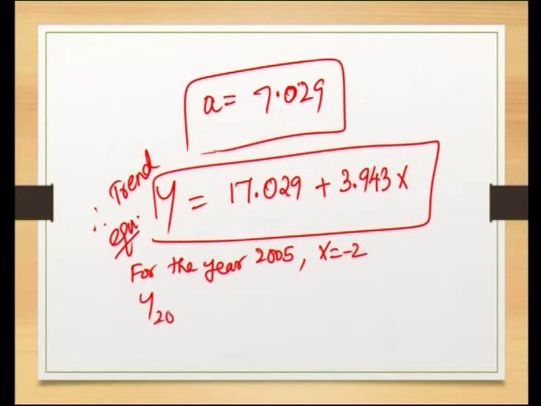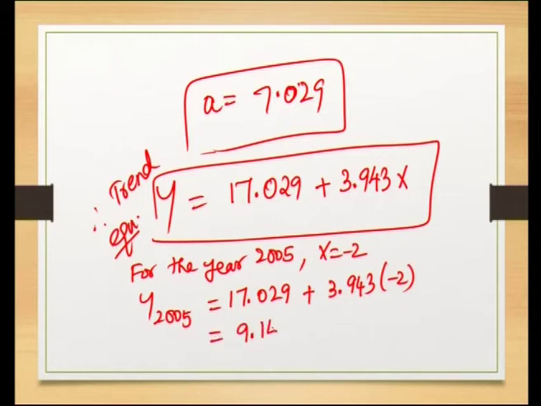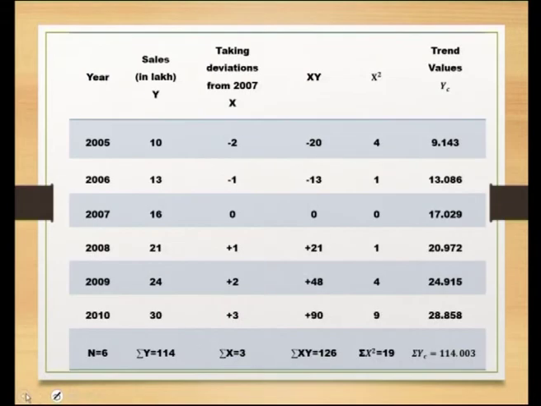So, y at 2005 is equal to 17.029 plus 3.943 into minus 2. When you calculate, this value comes to be equal to 9.143. So, that is what is tabulated there in the tabular column: 9.143 is the trend value calculated for the year 2005.